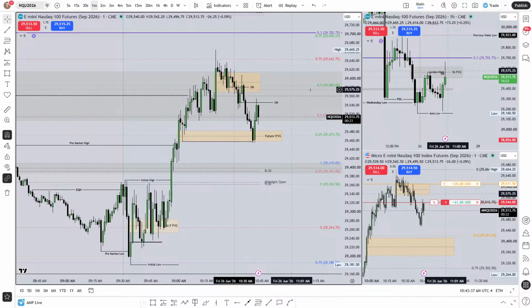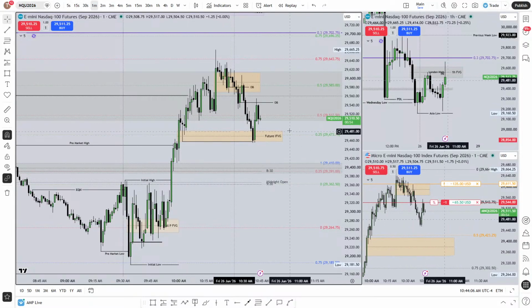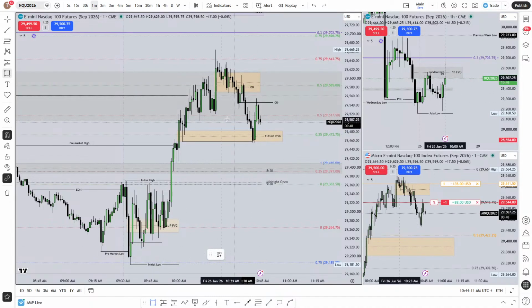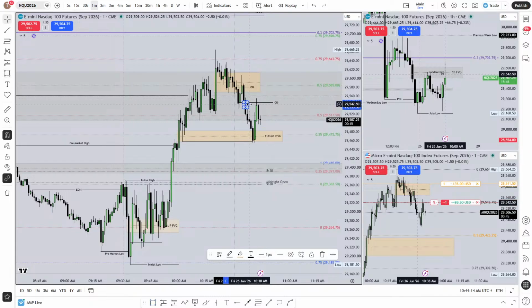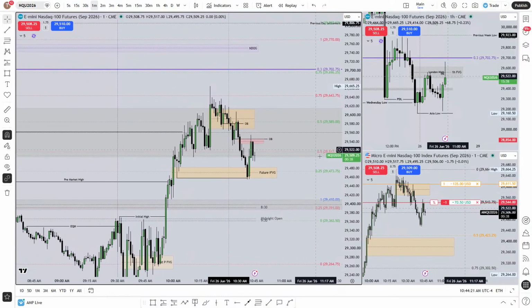Again, I'm trusting this because it overlaps the midpoint. If you can't tell, midpoints are a big part of my trading.